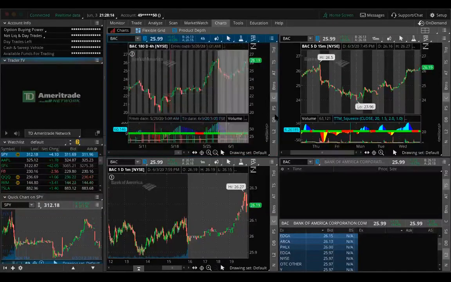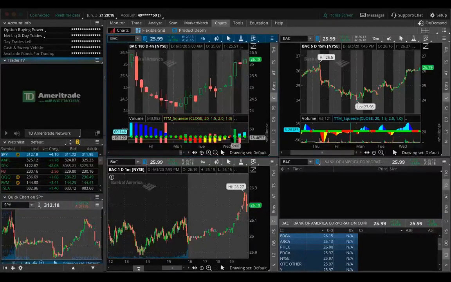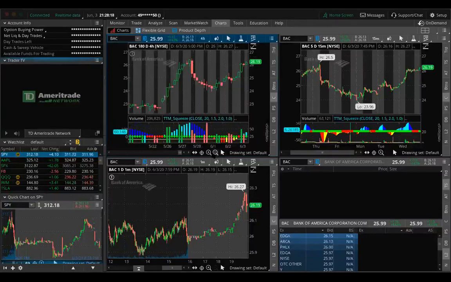So right here we have Bank of America releasing from this 4 hour squeeze. What does this tell us by these histogram bars here on Bank of America, guys? What is this telling us with the squeeze and the histogram bars? Bullish momentum. Yes, correct.